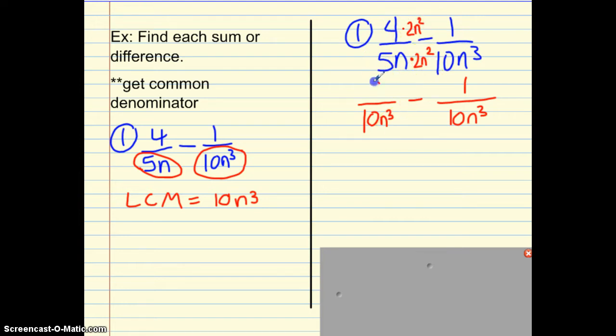So on top, what I have is 4 times 2 is 8, and times the n squared. Now for my final answer, my 10n to the third stays, and my 8n squared minus 1 goes on top, and there's no nice way for me to simplify it, so this is my final answer.